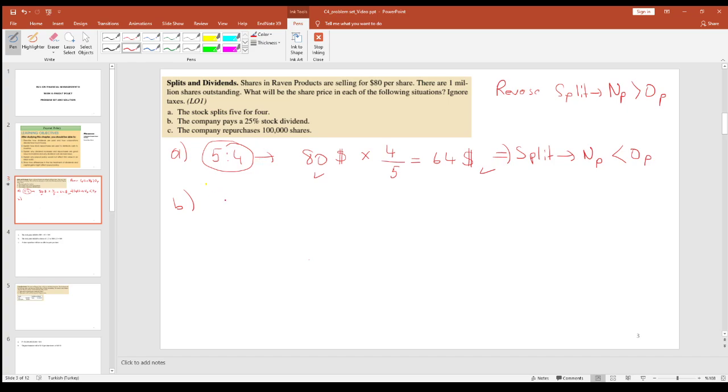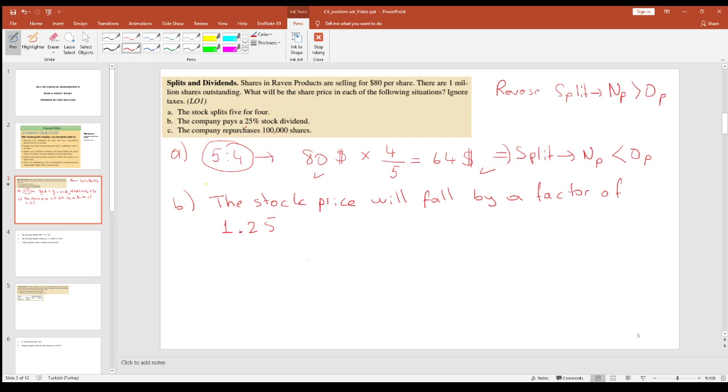Well, in that case, the stock price, which is 80, will fall by a factor of 1.25.